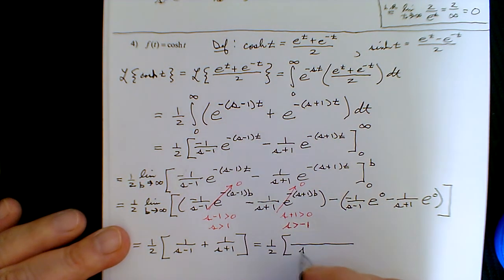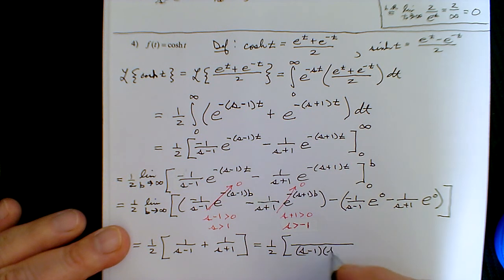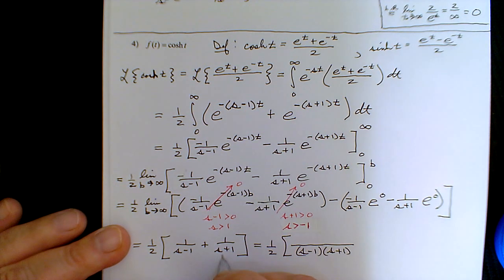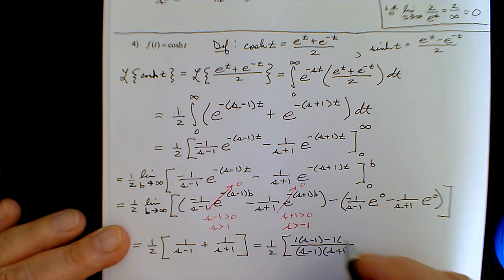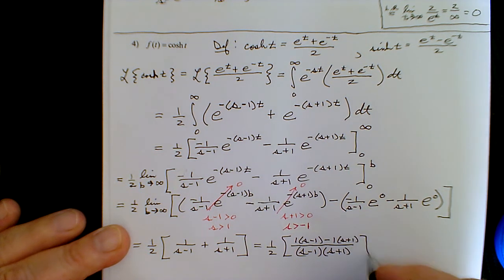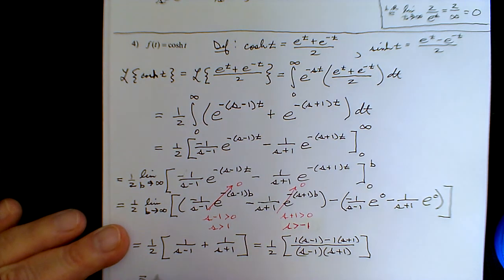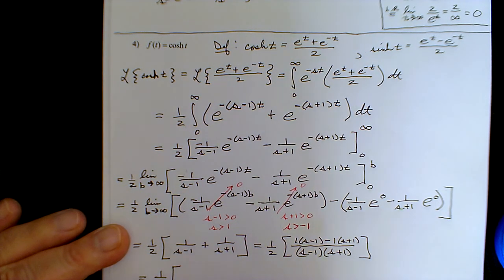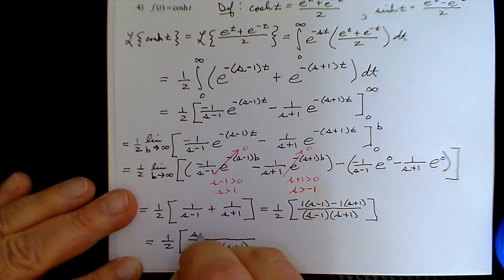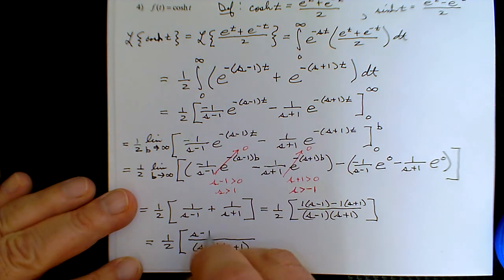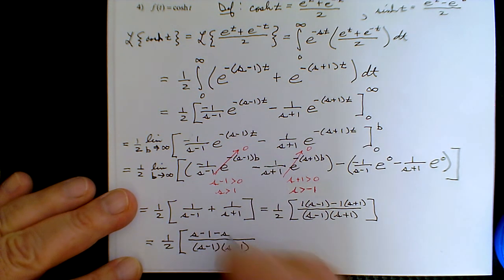Common denominator, s minus 1, s plus 1, and 1 times s minus 1 minus 1 times s plus 1 gives us 1/2 times s minus 1, s plus 1 in the denominator. And what do we get here? S minus 1 minus s minus 1.